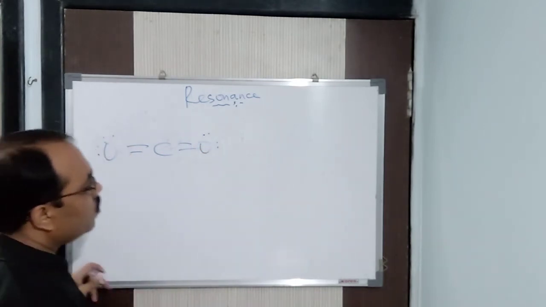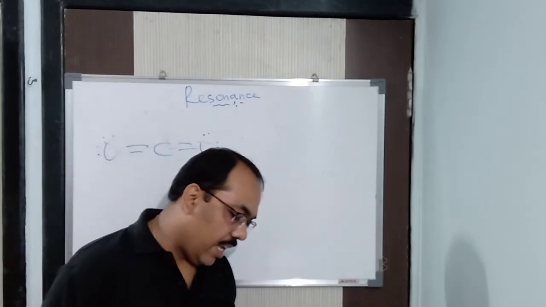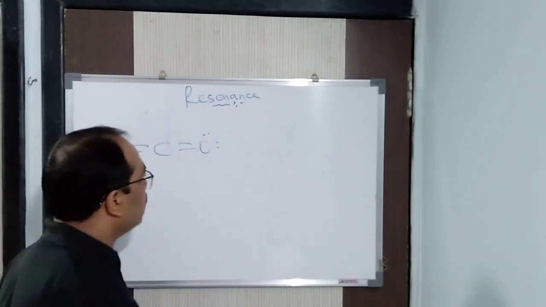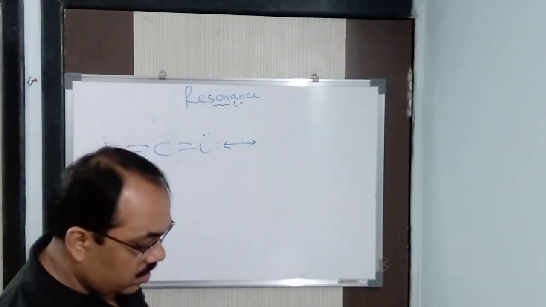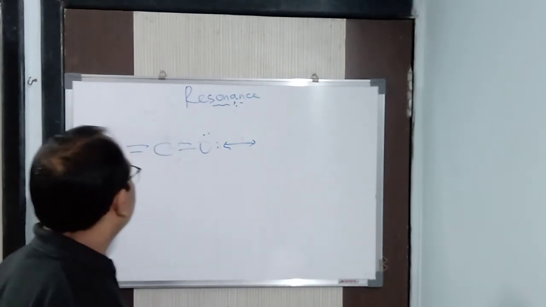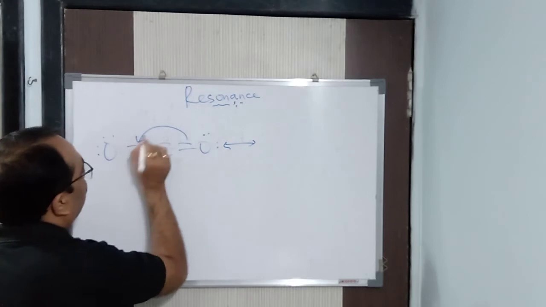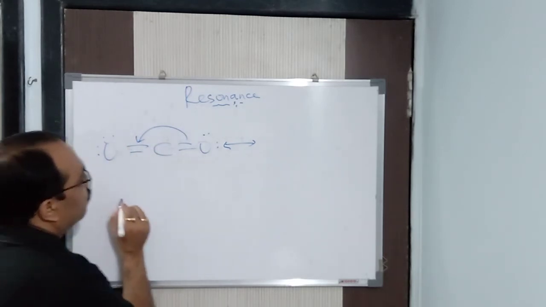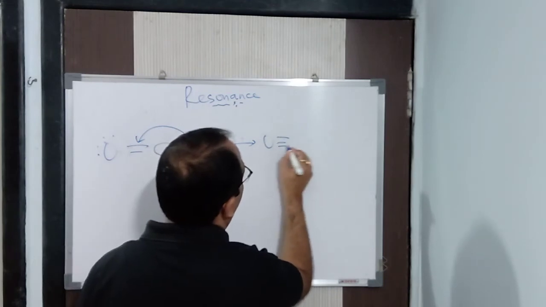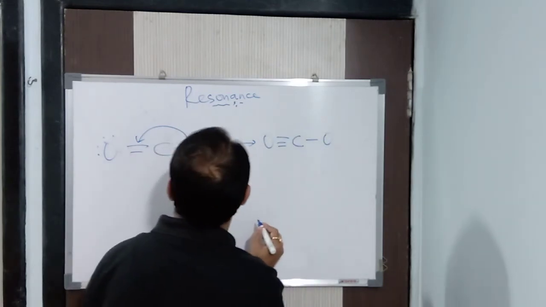Clear? So I can write the canonical structure in this way. This bond can come here, and as a result this will be single and this will become a triple bond. So on one oxygen it is a triple bond and on the other it is a single bond.